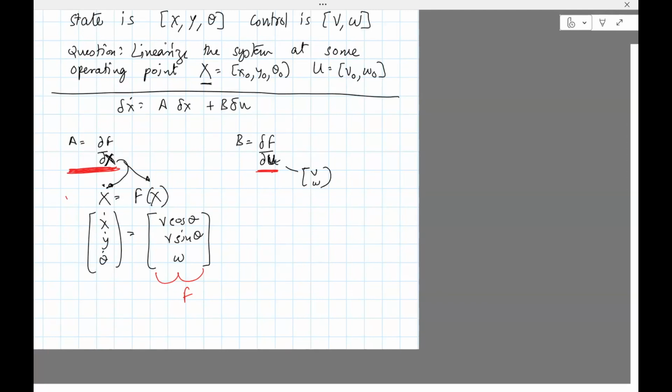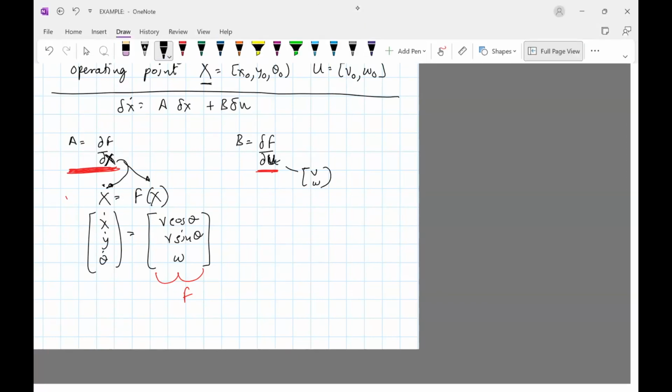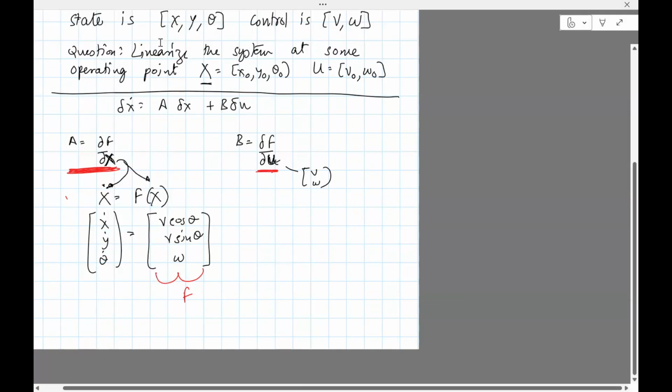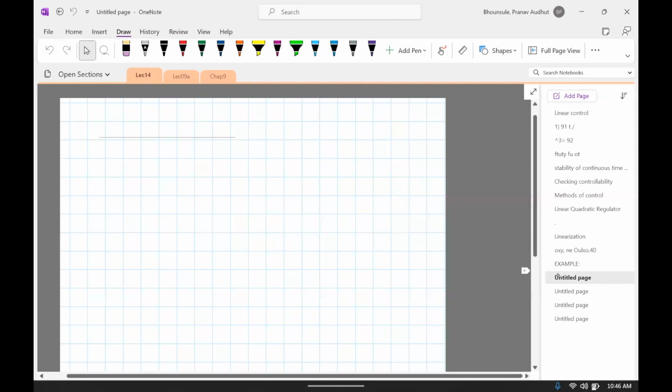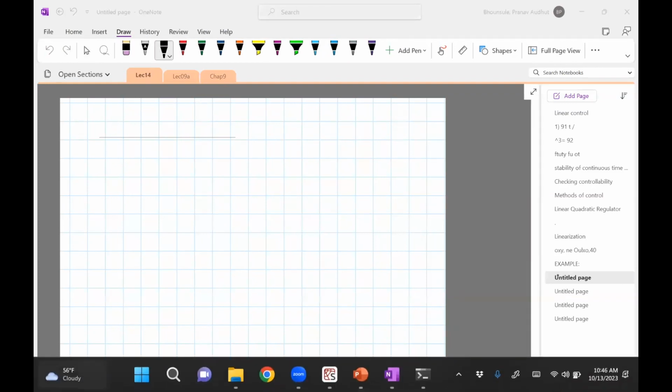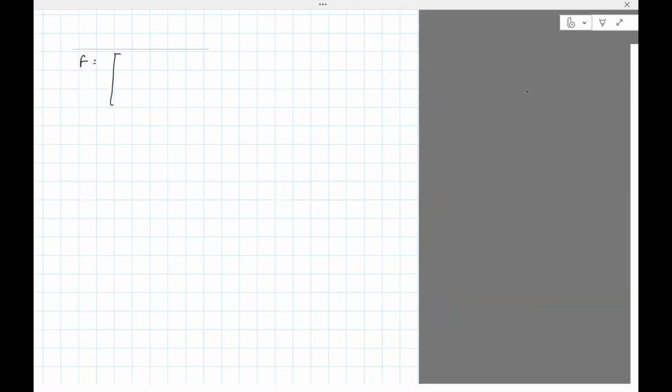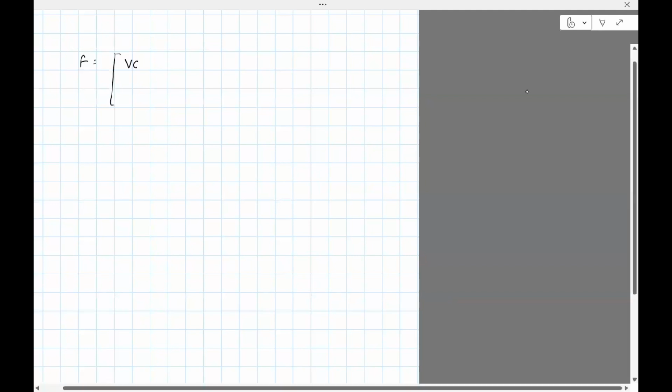Let's compute df dx and df du. Again, f is v cosine theta, v sine theta, omega.